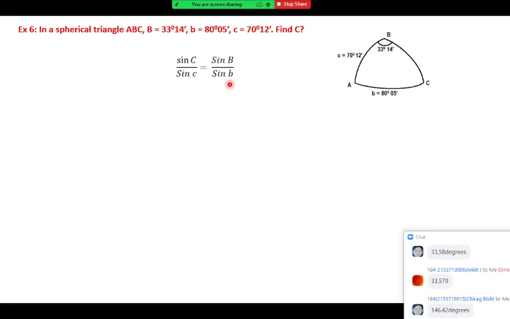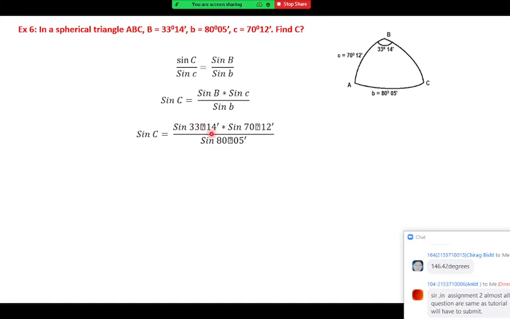Now just replace all the values that were given and we solve it for sine of capital C. The degree sign is not taken, so it gives an error. But remember, it is 33 degree 14 minutes, 70 degree 12 minutes. So there should be a degree sign there.